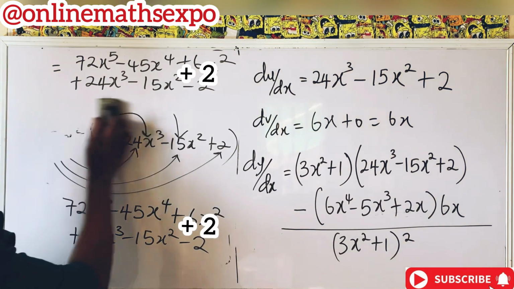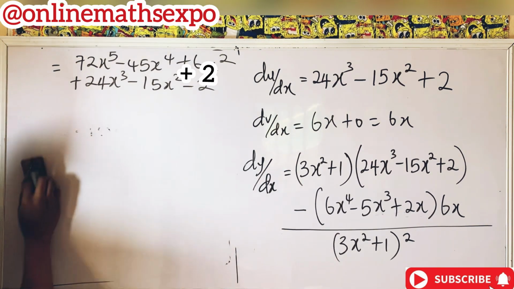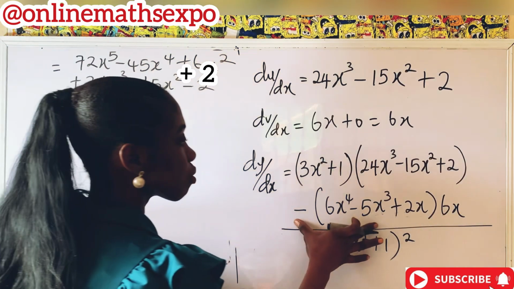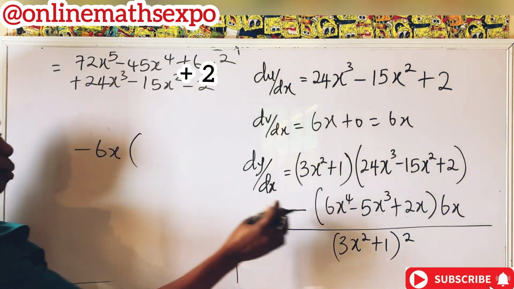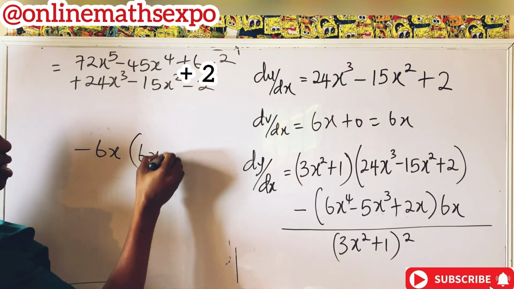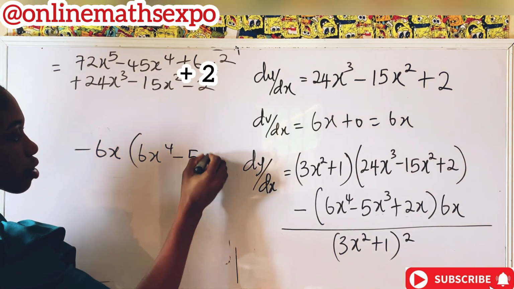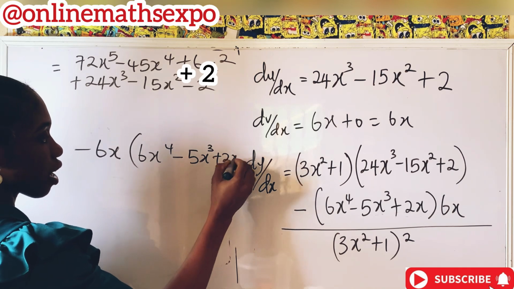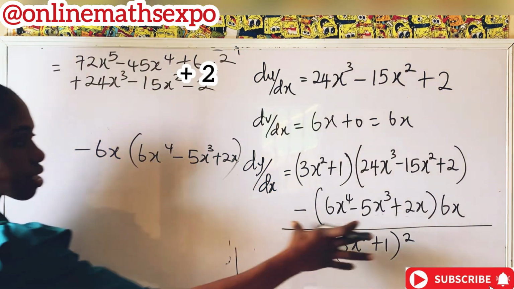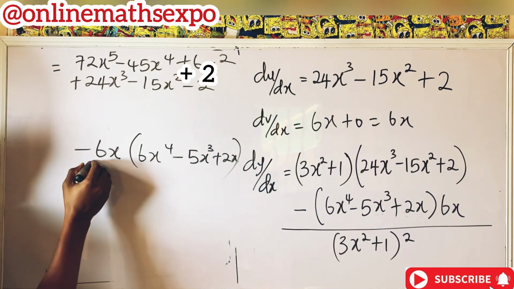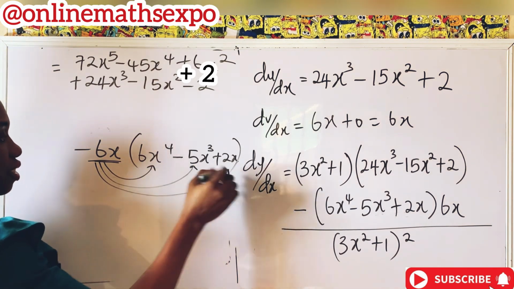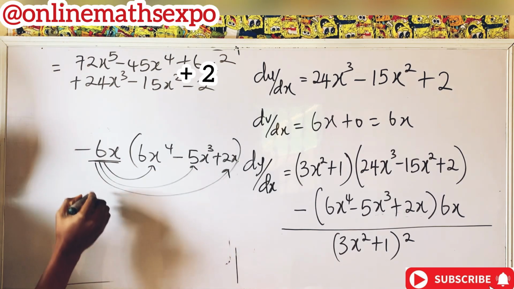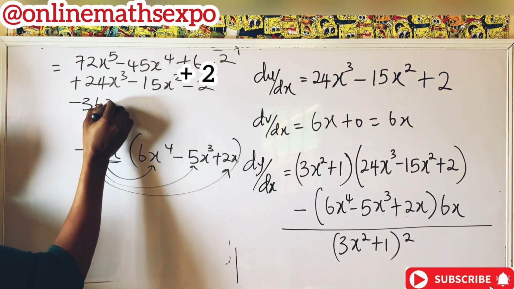Now what do we do next? We expand the other one. Remember, when you have something like this, it is the same as negative 6 coming before to have 6x to the 4th minus 5x cubed plus 2x. So this is the same as this. So let's distribute. Use this on this. This multiplies will give us negative 36x.